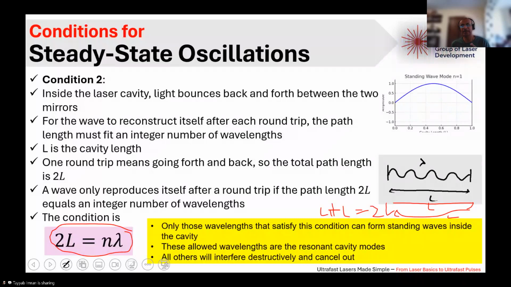For the waves to interfere constructively, or to reconstruct themselves after each round trip, the path length must fit an integer number of wavelengths. This point.